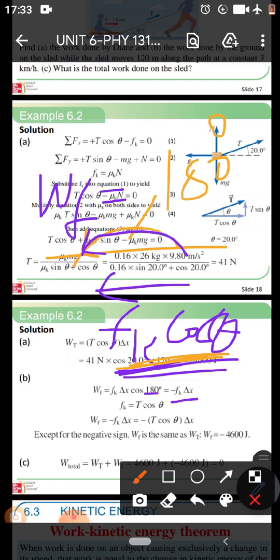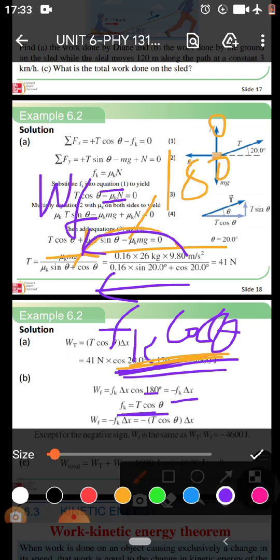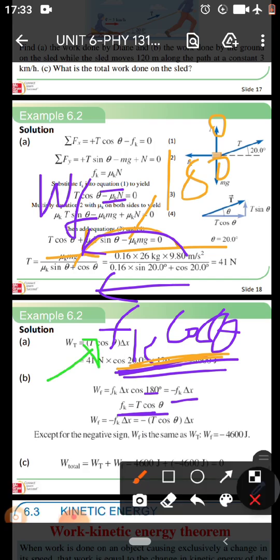Actually, here this is to be the Fk. It should be the Fk. So you substitute it into this equation. So finally, we have this equation, except the negative sign.